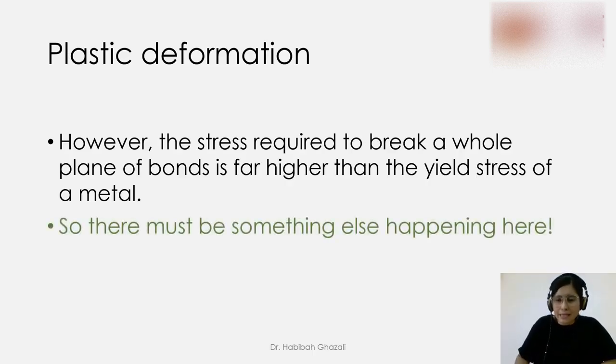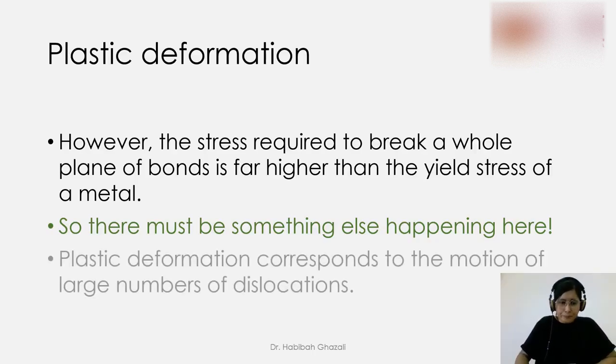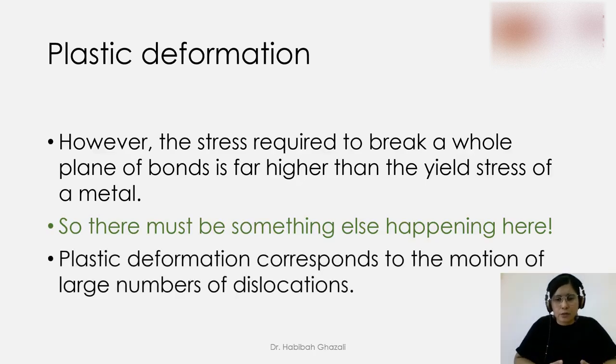So what actually happened there? There must be something else happening here that allows this metal to be deformed at a much lower stress. Deformation actually corresponds to the motion of a large number of dislocations. Remember when we talked about defects, line defects such as edge dislocation.